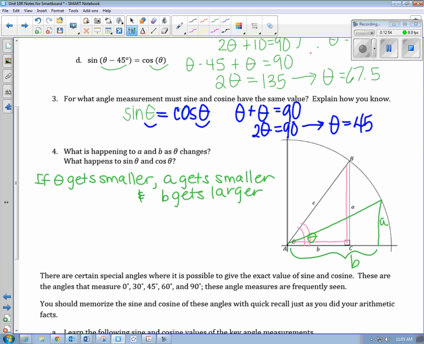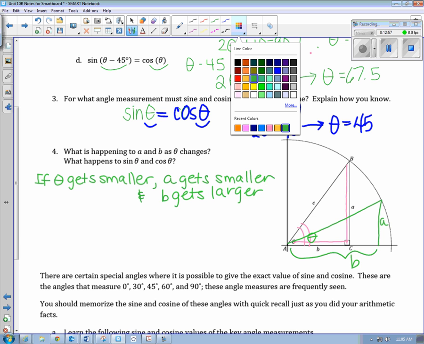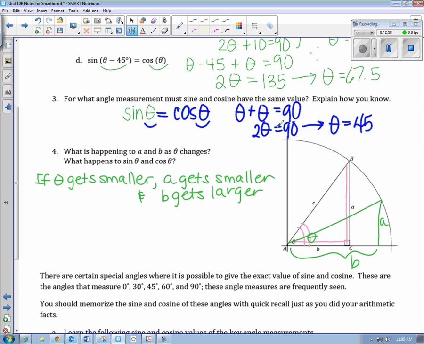So I'm going to do the same thing now, except this time when I go in here, I am going to draw my theta bigger. So in other words, I'm going to make the theta be right here where it's this whole big angle. You can see in that case that now your side length of A, which is right here, compared to the pink one, is much larger, but the side length of B compared to the pink one is much smaller.